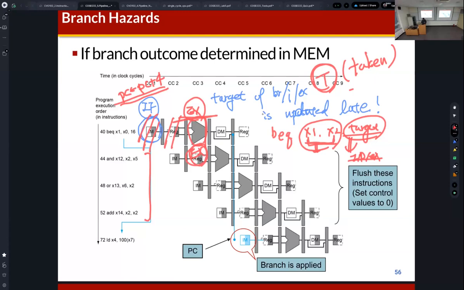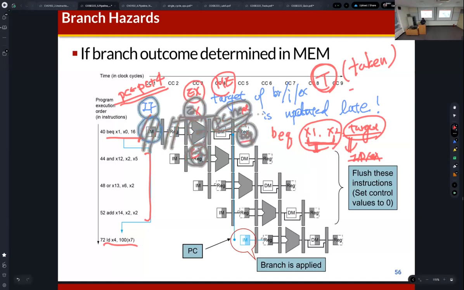In this example, the condition of the branch instruction is true. We know the result in the EX stage, the next PC is determined in the ME stage, and when the branch is in the write back stage, the next PC is updated. Okay, this is just the example.